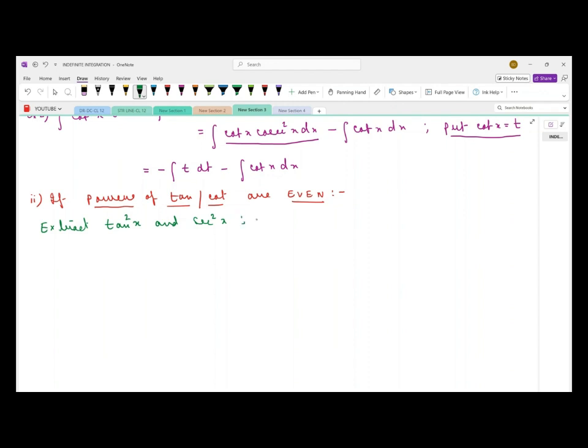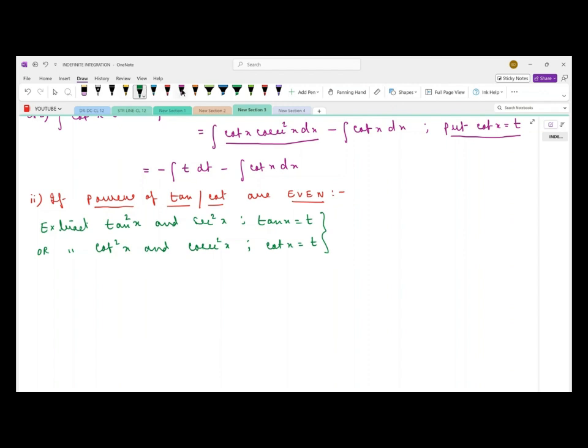Then you put tan x equal to t. Or, if the sum is in terms of cot, then you extract cot square x and cosec square x, and then put cot x equal to t. So this is a general method.